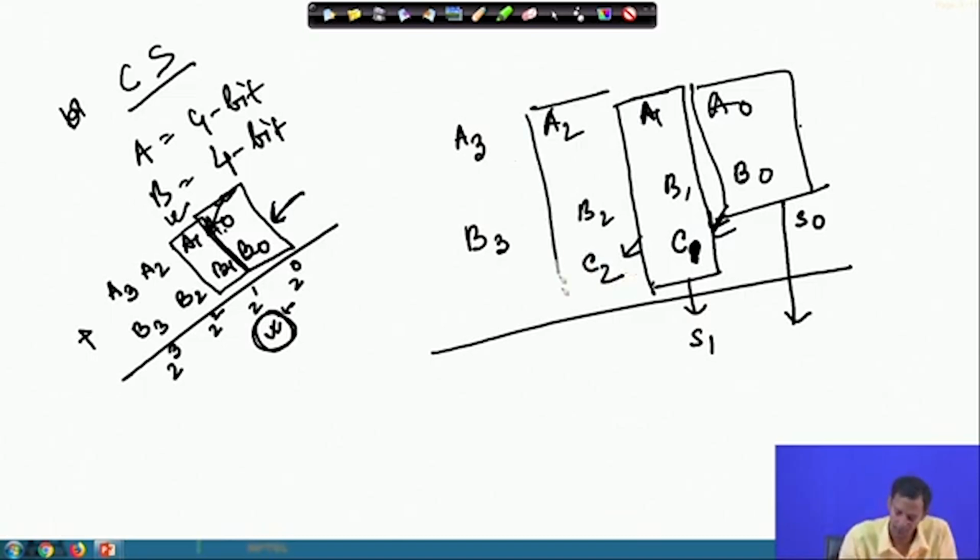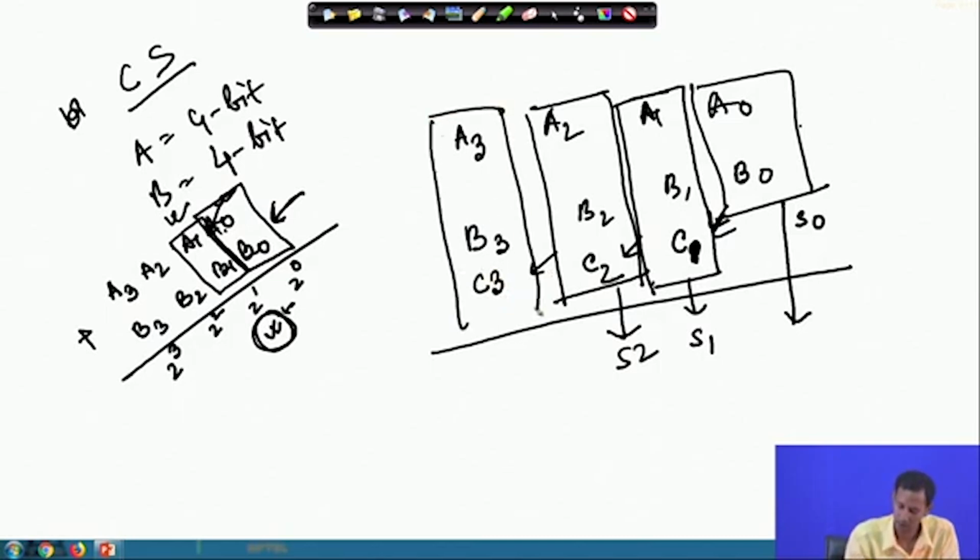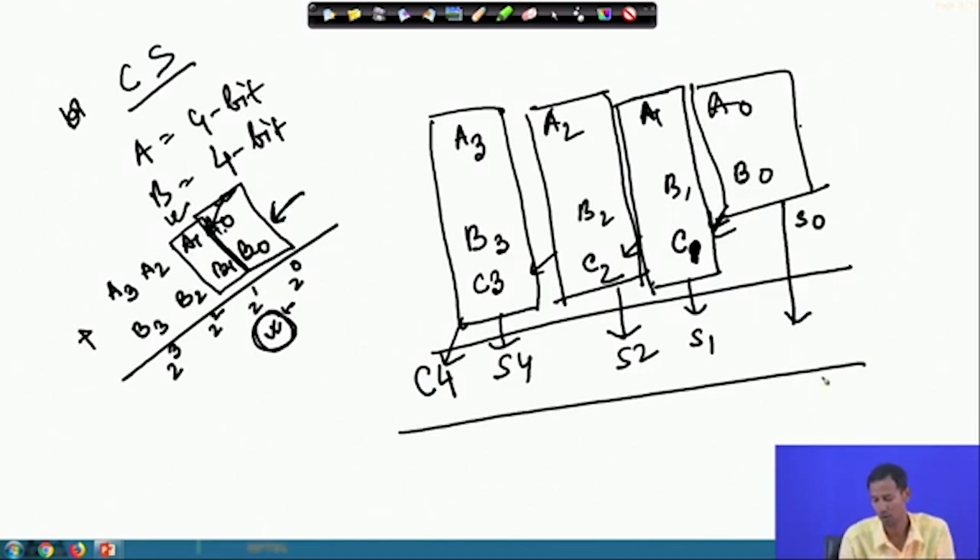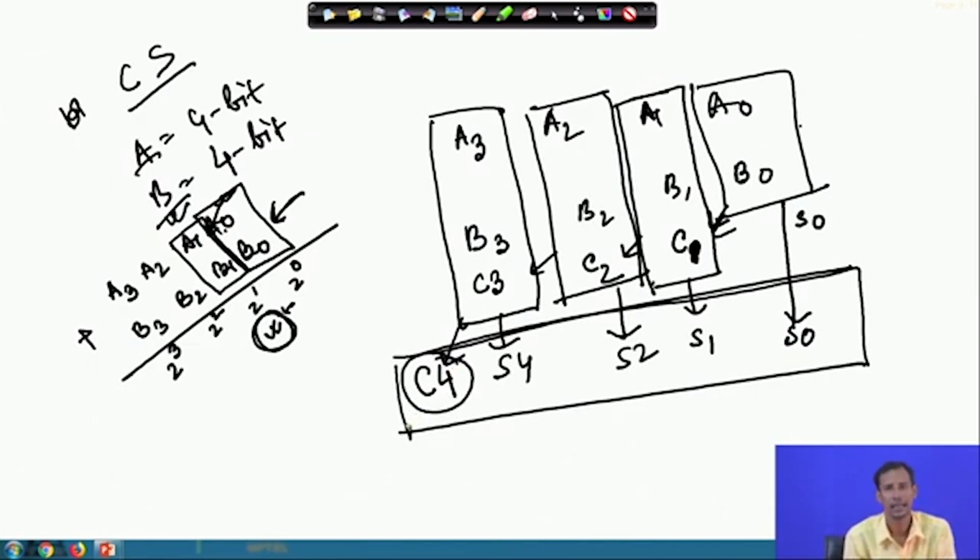Then again for this do the same, it will produce the corresponding S2 and the corresponding C3. Then here S3 and this is the final carry out. So, if I want to add A and B of 4 bits, I will get 4 bits of sum and 1 bit of carry output.